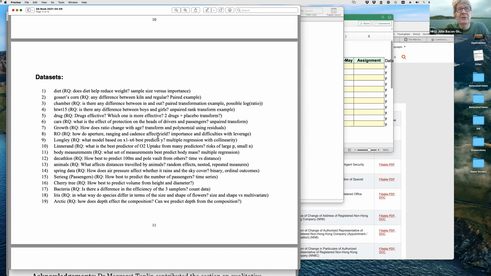If the variability is not constant, which is our standard assumption, you should be thinking about transformations, right? So these are all the things that you should be focusing on, that you have hopefully learned from following along with the data sets we've analyzed in class. Okay? Any other questions?